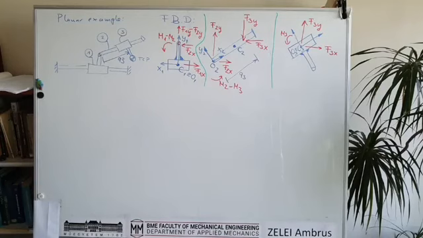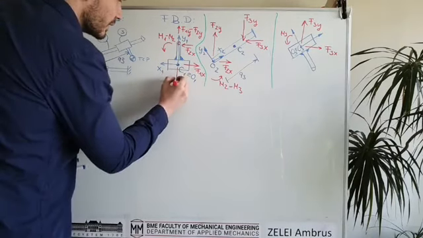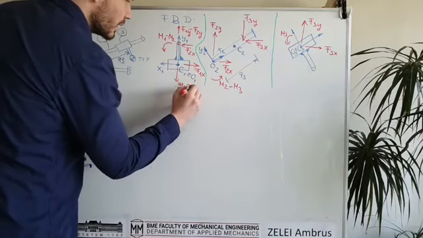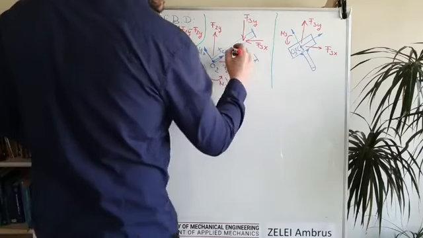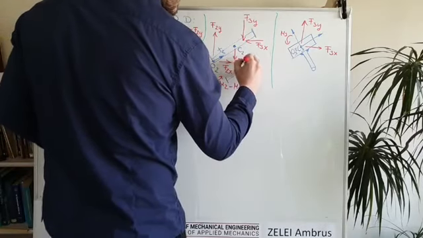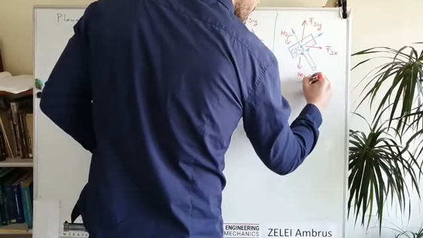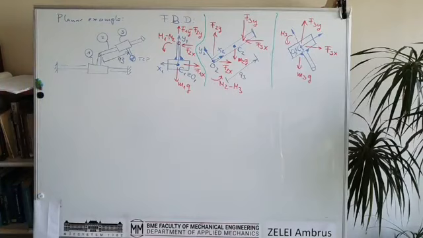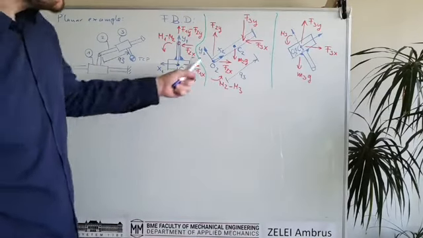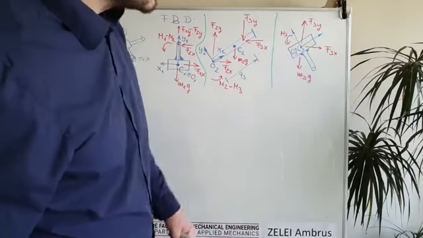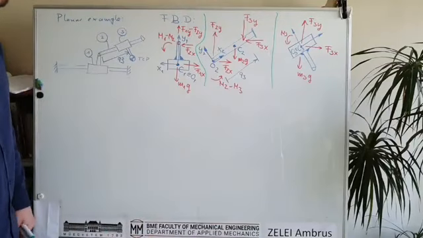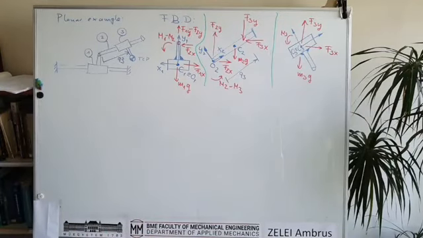And there are also gravitational forces, so this is M1 times G, this is here M2 times G, and here we have M3 times G. So in each case there are gravitational forces. And we should draw the accelerations also, but the figures would be too crowded, so I will just skip it, and we can take the accelerations by some equations.